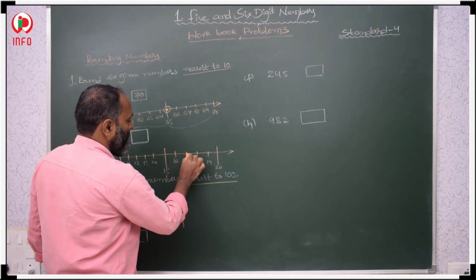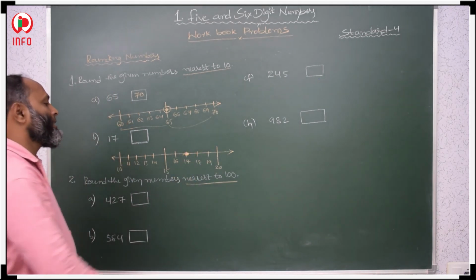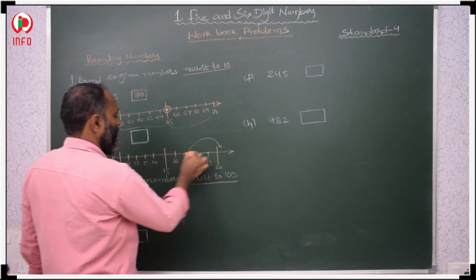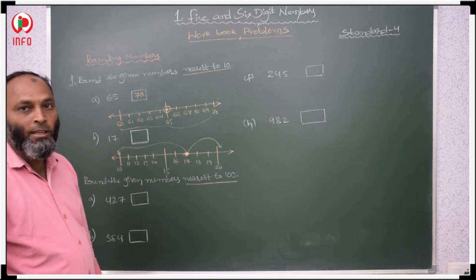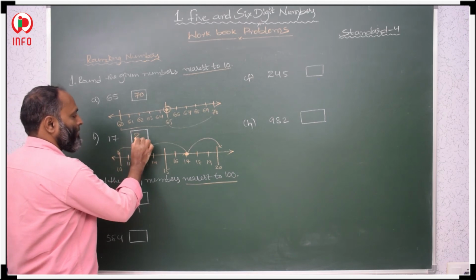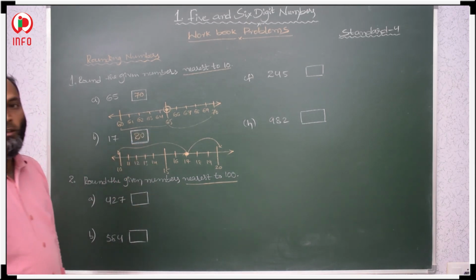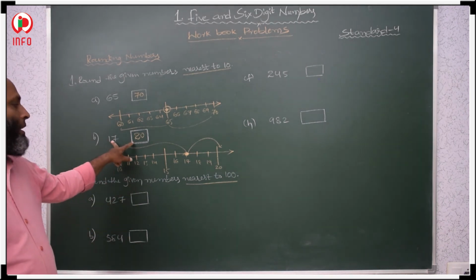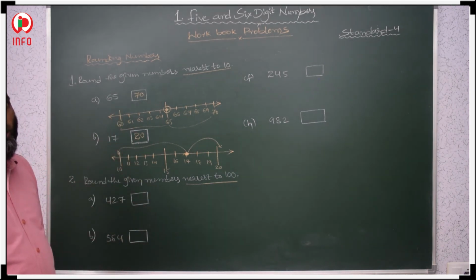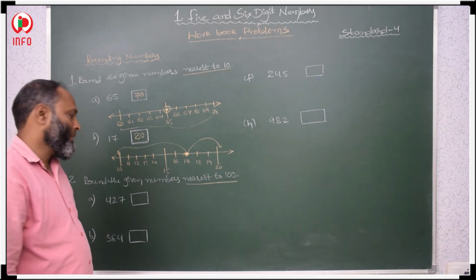Here the value is 17. 17 is near to 20 and far from this 10. So it is near to 20. So this is our nearest to 20. Nearest to tens, 17 is near to 20. So the nearest ten to 17 is 20.